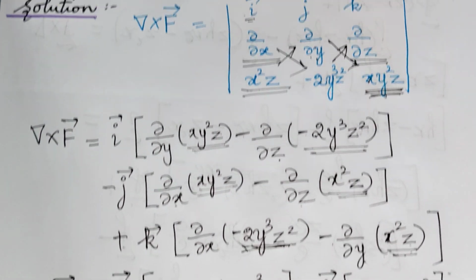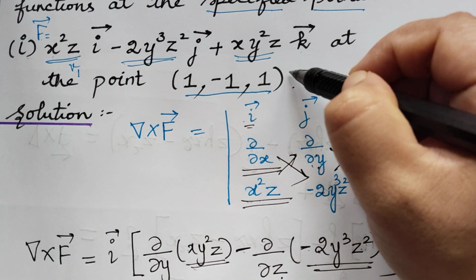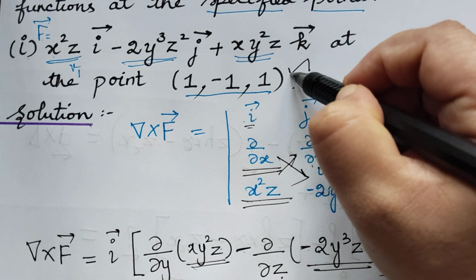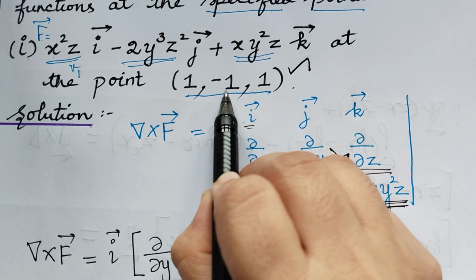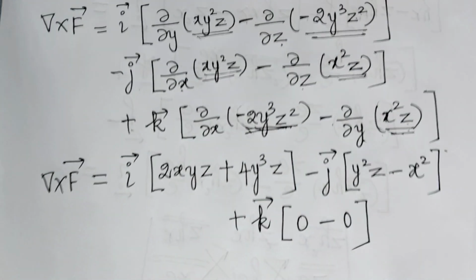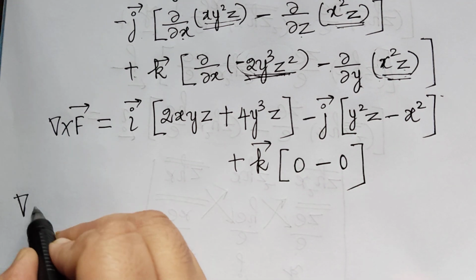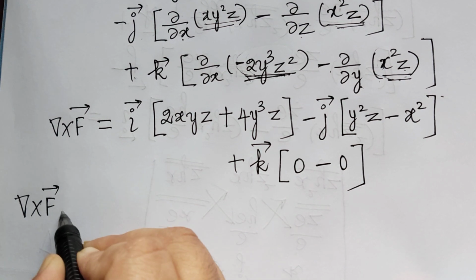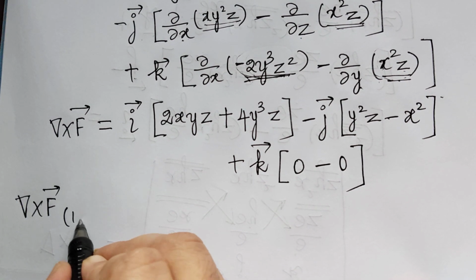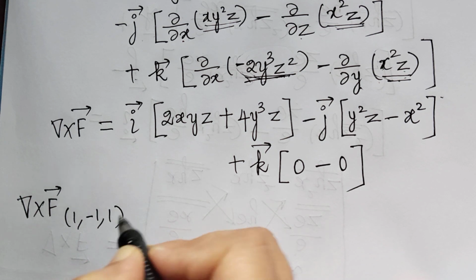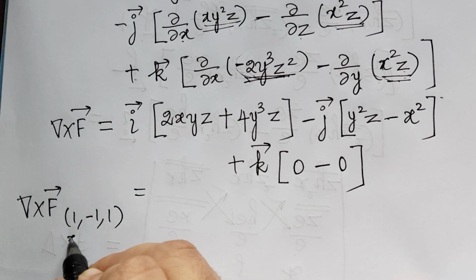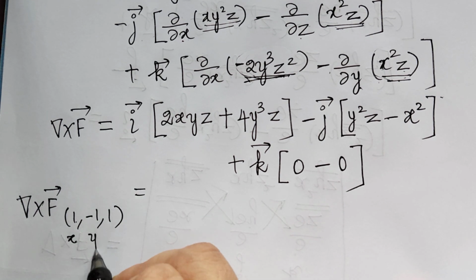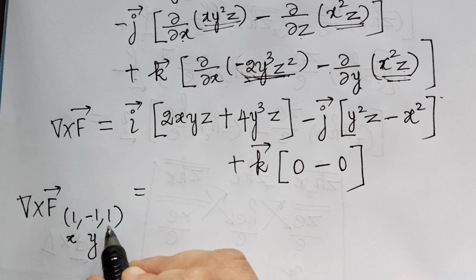We have to evaluate the curl at a specified point. So the point is 1, minus 1, 1. So we have to evaluate the curl at a specified point, which is 1, minus 1 and 1. So in the place of x we have to substitute 1, in the place of y we have to substitute negative 1, and in the place of z we have to substitute 1.